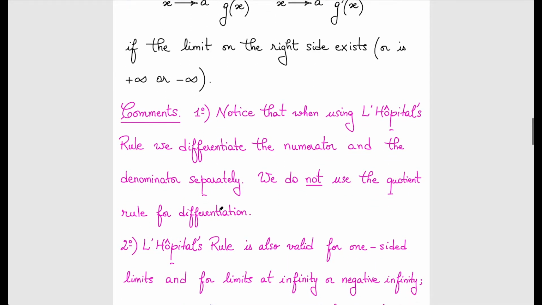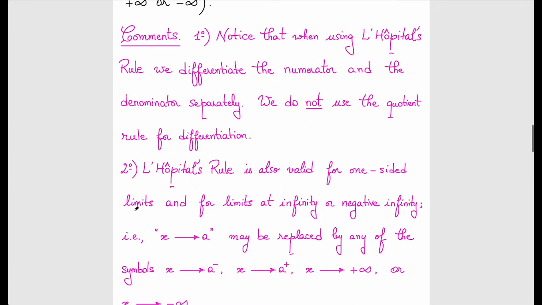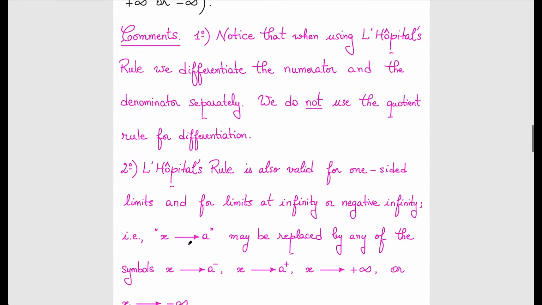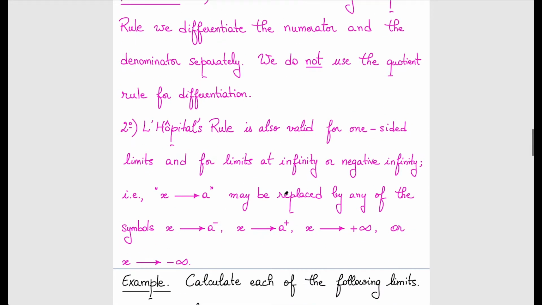Comment number 2. L'Hopital's rule is also valid for one-sided limits and for limits at infinity or negative infinity. That is to say, the symbol x going to a may be replaced by any of the symbols: x is approaching a from the left, x is approaching a from the right, x going to infinity, or x going to minus infinity.